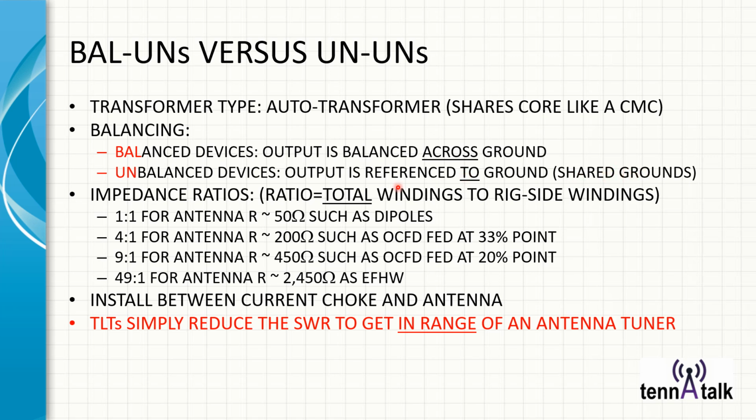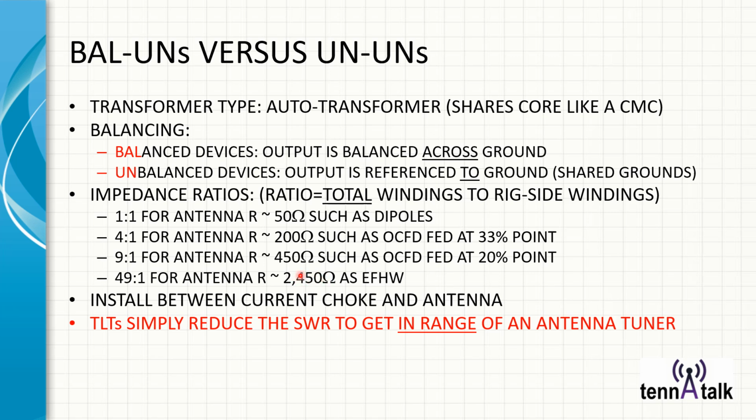They're shared. So a couple of typical impedance ratios: 1:1, 450 ohm, like a dipole; 200 ohms, such as an off-center fed at 33%, gives you 4:1. 9:1 is very popular for off-center feds at the 20% point, or even random wires, and 49:1 up to 64:1 for an end-fed half wave.